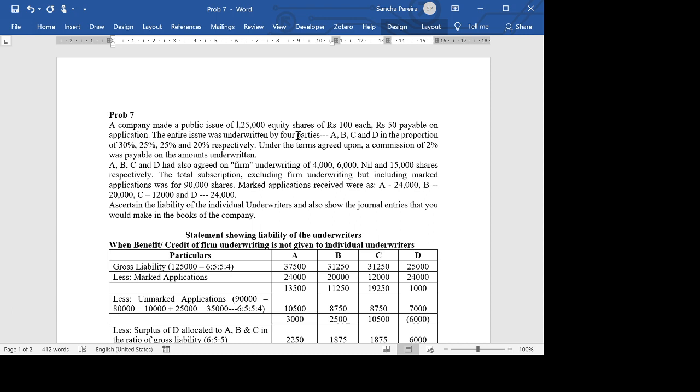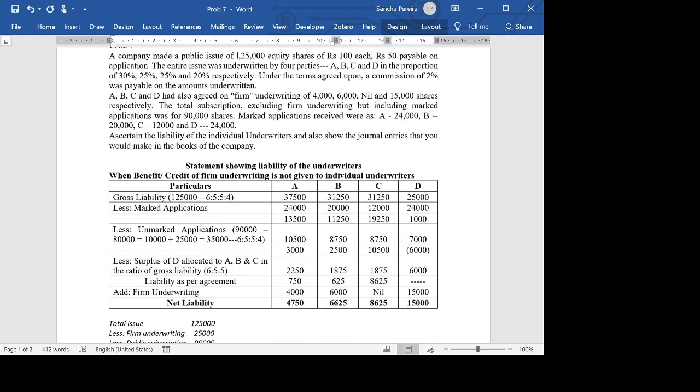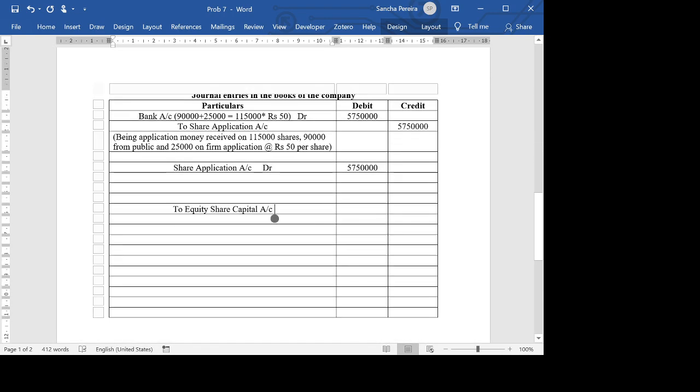That's why the underwriters were appointed. So when we are transferring to share capital account, we have to transfer 1,25,000 into rupees 50, because we expect money on the entire 1,25,000 shares. If you do the calculation, it comes to 62 lakhs 50,000.